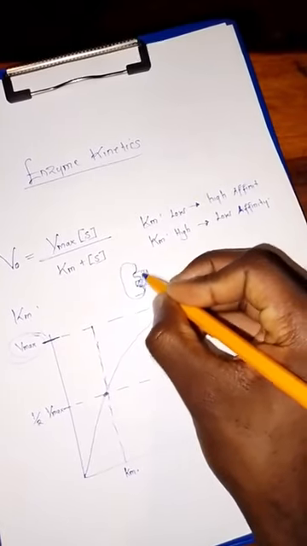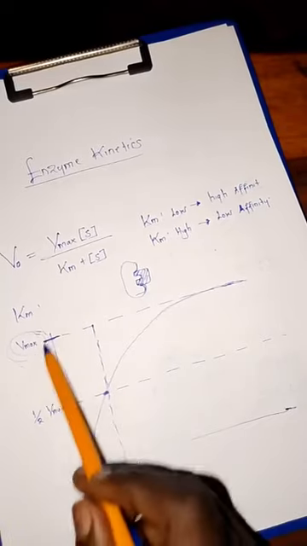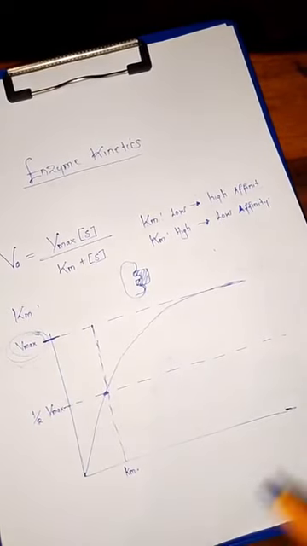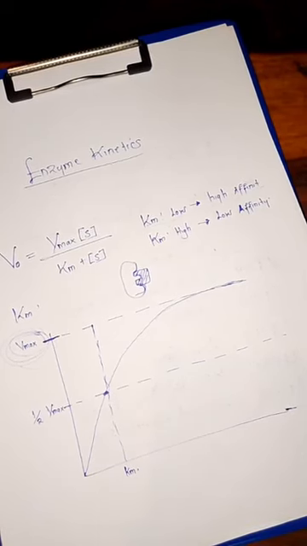So how is this inhibitor going to affect the rate of this enzyme, and what is going to happen to the Vmax and the Km? We know that the Km will just show how much of this substrate is needed so that an enzyme can reach half of its Vmax.